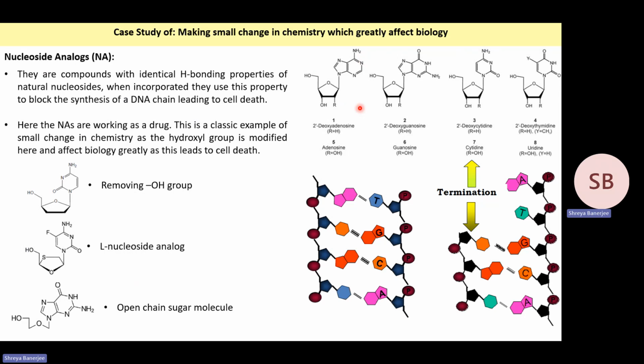So here you can see the original nucleotide has an OH at this R position, which forms adenosine.